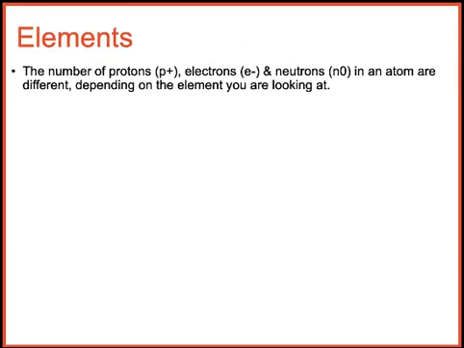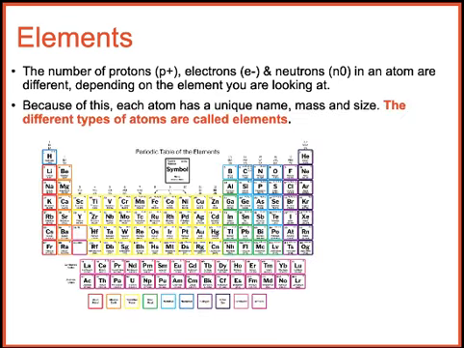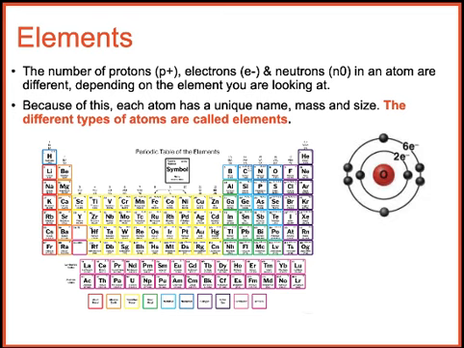Okay, so elements now. Not atoms, elements. So usually the number of protons, electrons, and neutrons in an atom are different depending on the element you're looking at, right? So because of this, each atom has a unique name, a unique mass, and size. The different types of atoms are called elements, right?